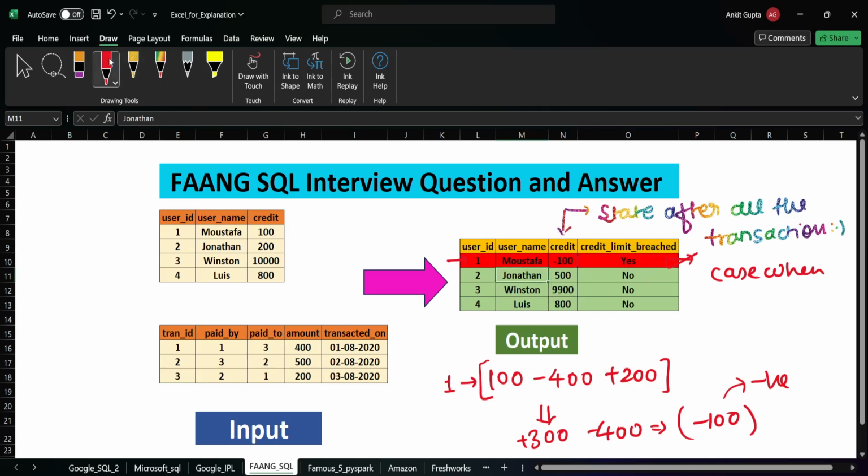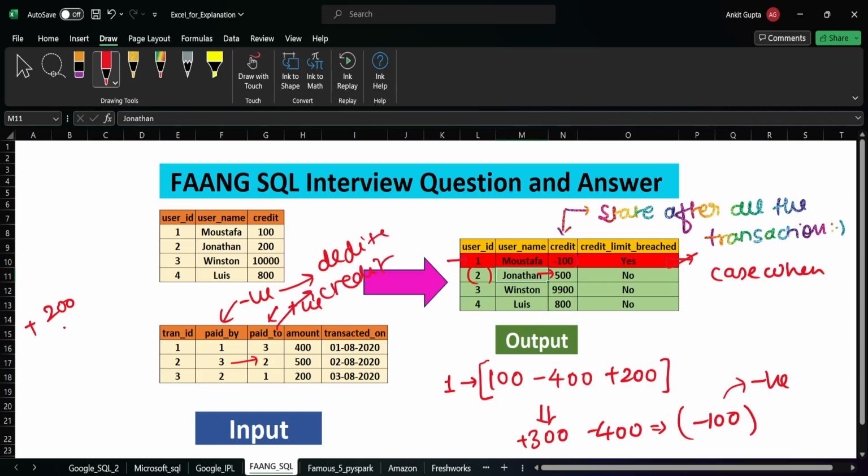Okay, so now let's understand for another user, let's say Jonathan. He has 500 as credit after the transaction. Jonathan started with 200, plus 200, and then he got 500. Paid to is a positive value, paid by is a negative value, because from the transaction we can say that for paid by the value is debiting, and for paid to there is a credit.